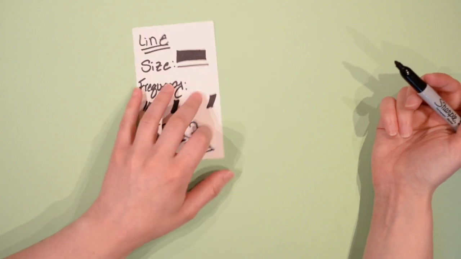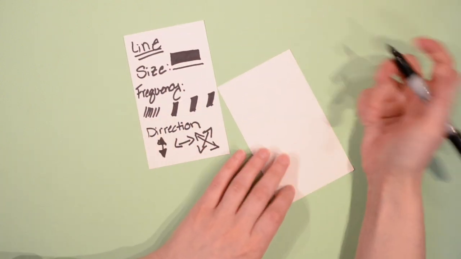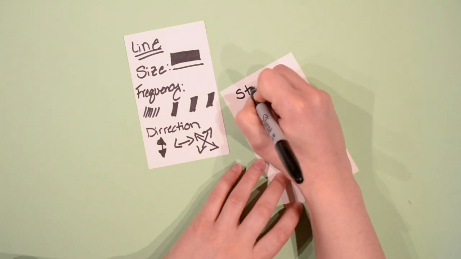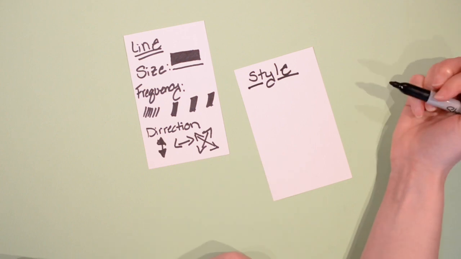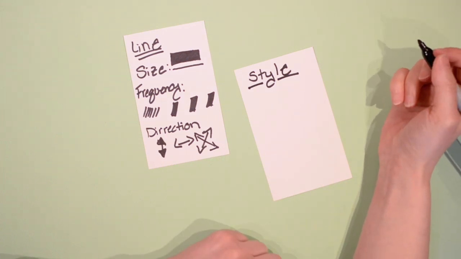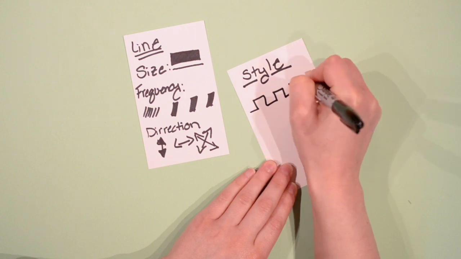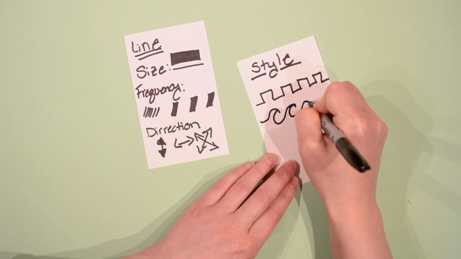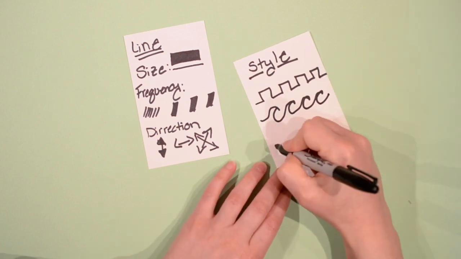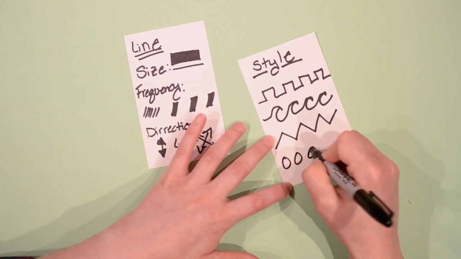And the last thing that a line has is its style. And this is the one that most people care about. What does it look like? Is it castellated? Is it a wavy line? Is it a zigzag line? Is it a dotted line?